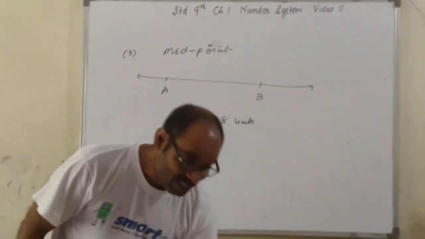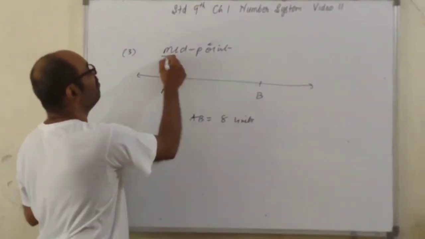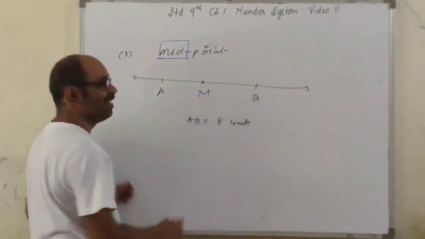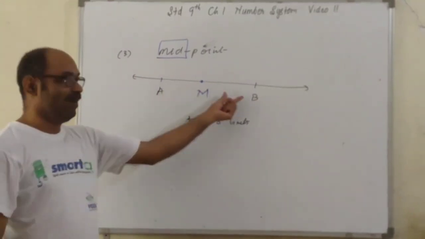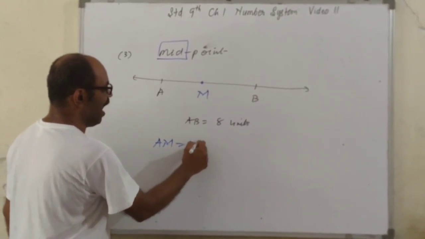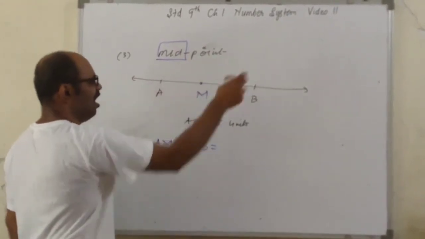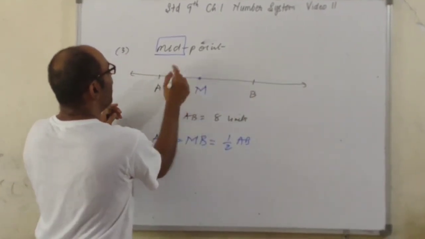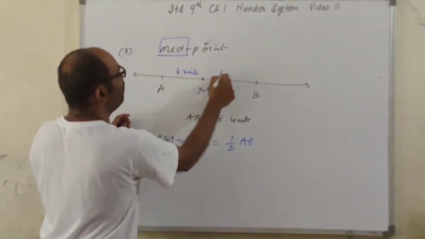If I take a point M exactly in the middle of AB, you remember, right? Then AM is equal to MB, and that is equal to half of AB. This whole is 8 units, so this will be 4 units and this will also be 4 units.